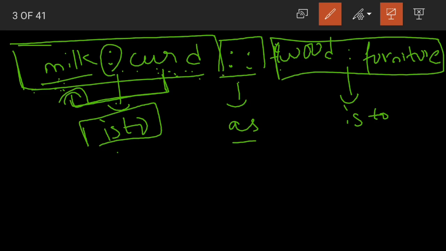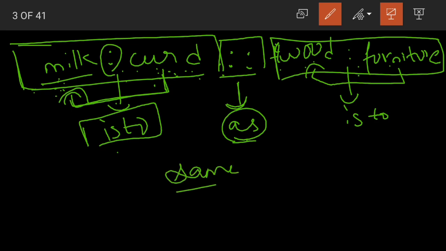In the same way, as means in the same way wood and furniture are also related to each other. Furniture is made from wood. Yes, understood? Both the pair of words here share the same relationship. Here curd is made from milk.